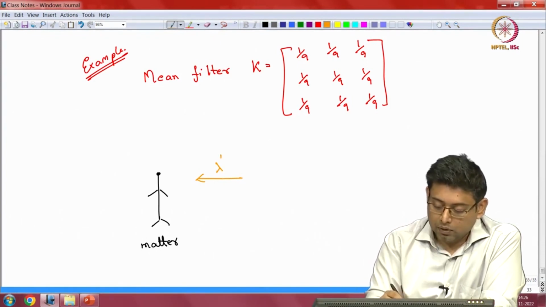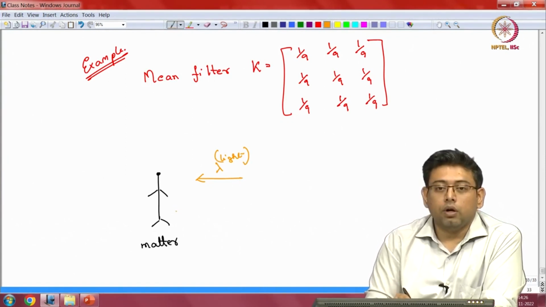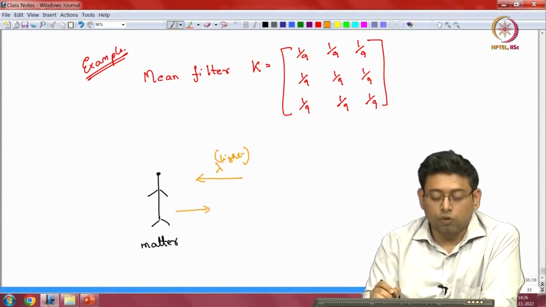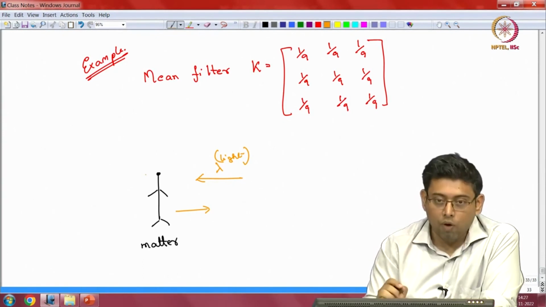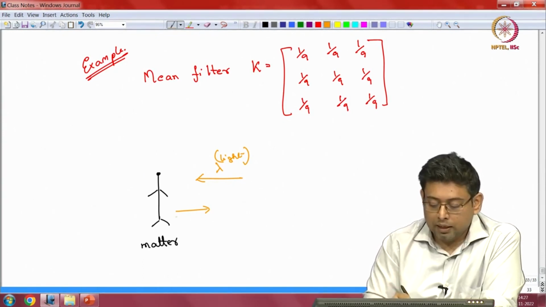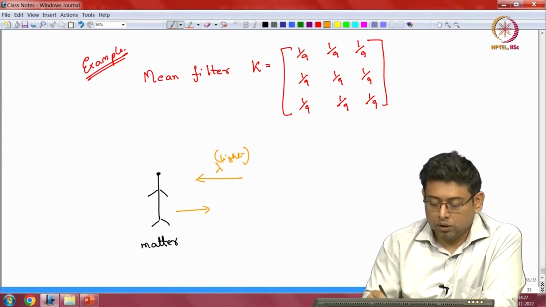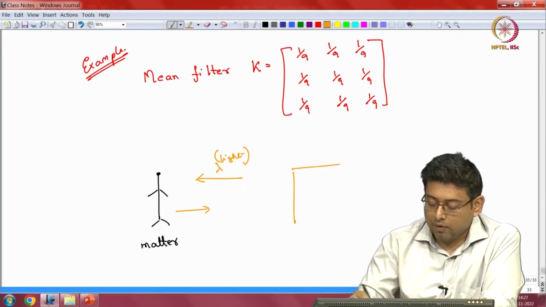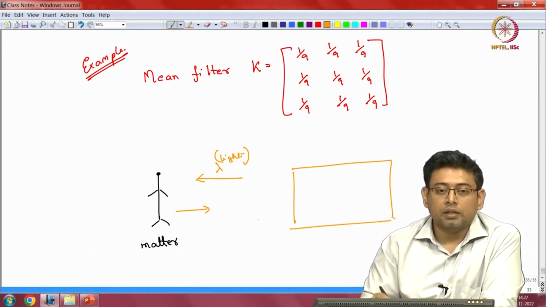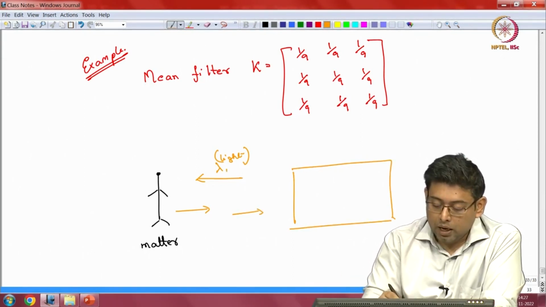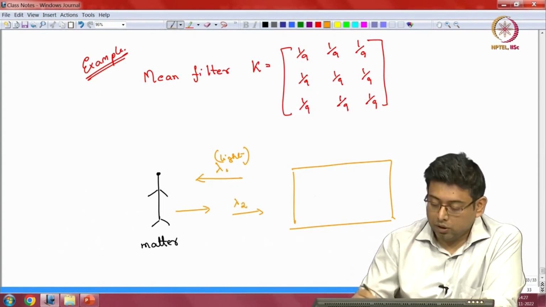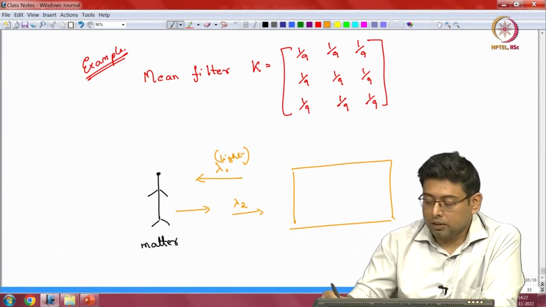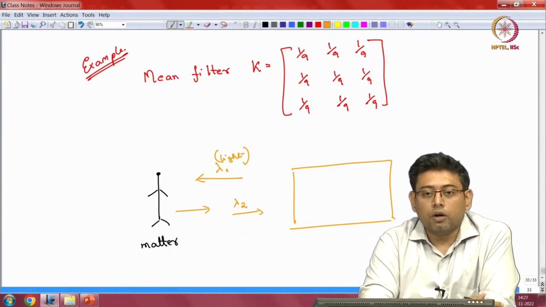So this is my light, and it's going to interact with it somehow. Then it's going to go back into your optical system. So this is the light that returns to your optical system. So this could be a lambda wavelength, and this could be another wavelength that is returning back. So this wavelength now has to be processed by your optical system, and finally it gets recorded on your camera.